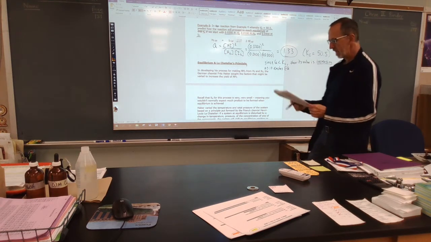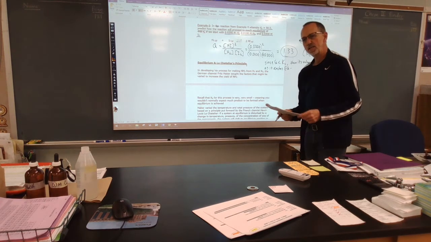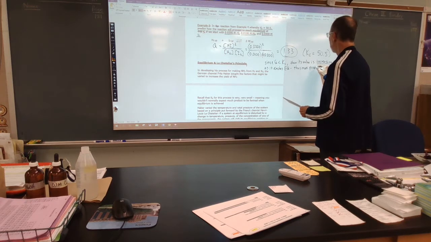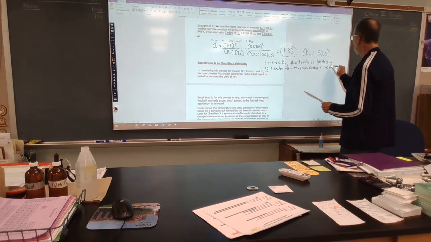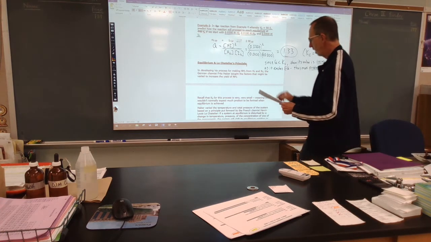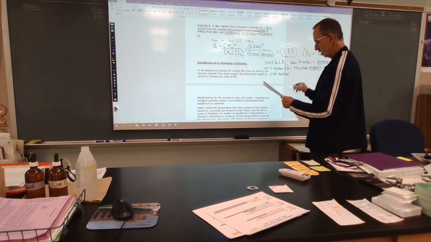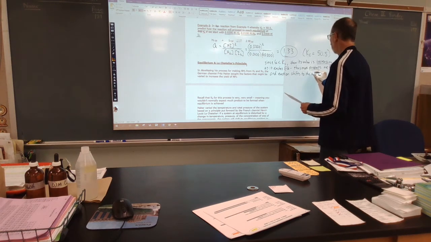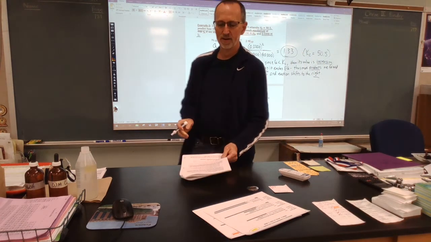What does that mean? If its value is getting larger, again remembering that ratio of products over reactants, then it means more products are formed as equilibrium is achieved, and the reaction shifts to the right, which is the product side of the reaction.